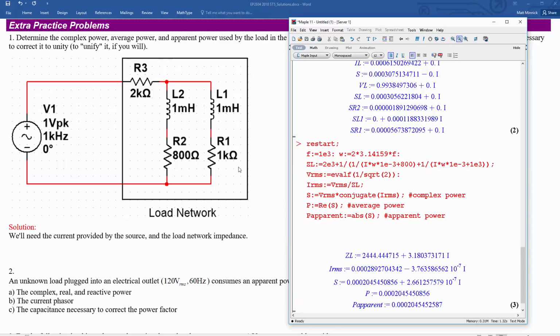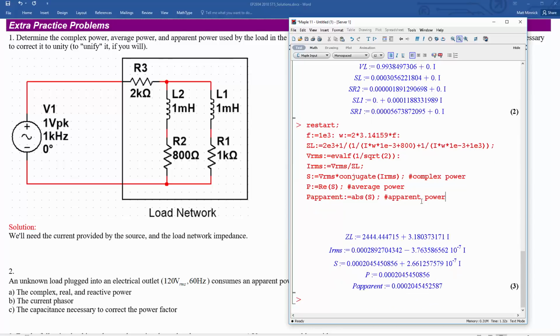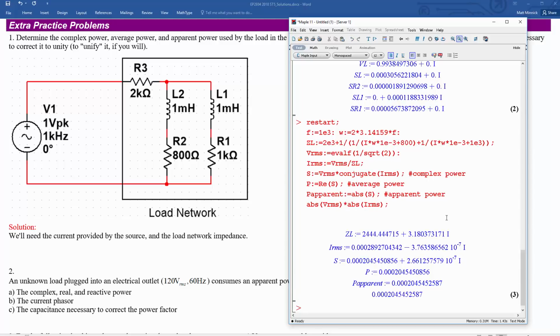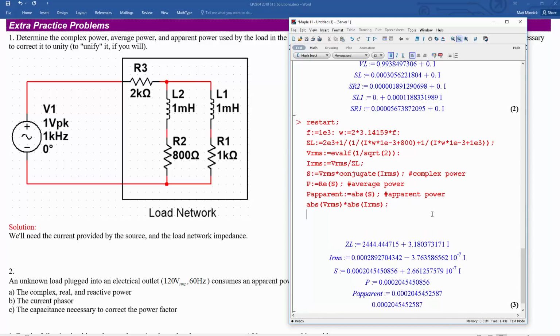Another thing we should see is that if we take the RMS voltage, the magnitude of the RMS voltage phasor, and multiply that by the RMS current, then we would get exactly the same value for the apparent power.